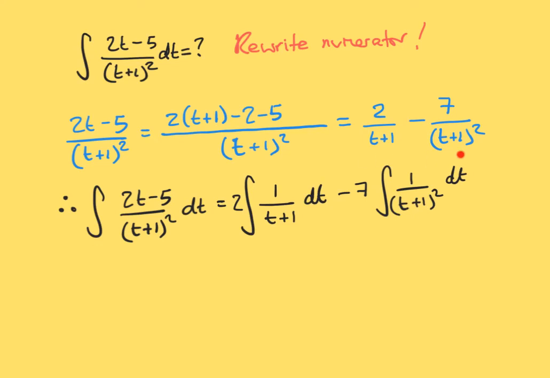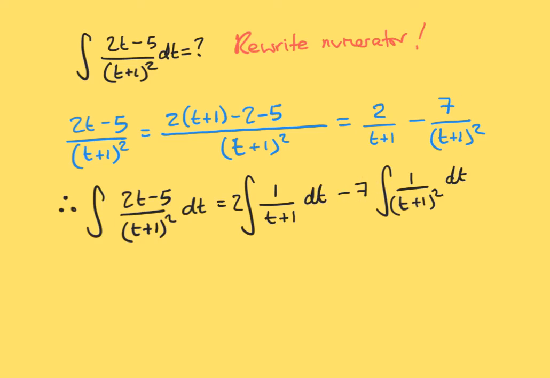So we put this in as our integrand. It's exactly the same algebraically, it's just written in a helpful way. And then the 2 here I can pull out front of the integral just to make it look a little less intimidating. And similarly here I pull the minus sign in front and the factor of 7 in front.